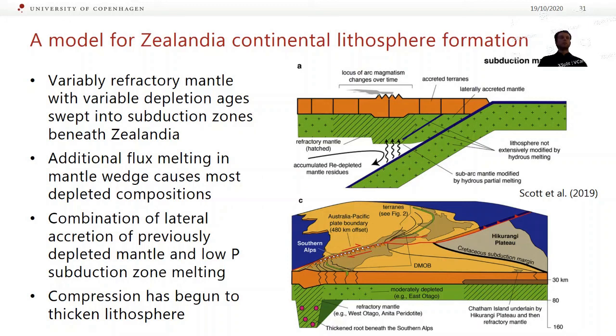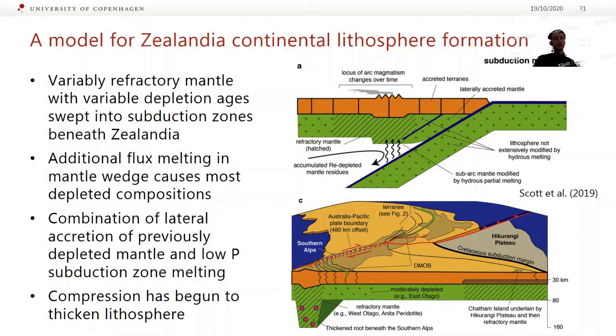In some cases, there might have been additional flux melting from the subduction zone, fluids being driven off, and this could help explain why there's just absolutely no correlation between these levels of depletion and the ages. So what's happening here is a combination of lateral accretion of previously depleted mantle and low pressure melting in a subduction zone. And this low pressure melting probably gives us the really, really low aluminium peridotites, the really depleted stuff.